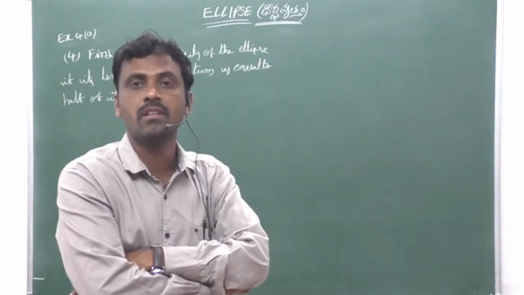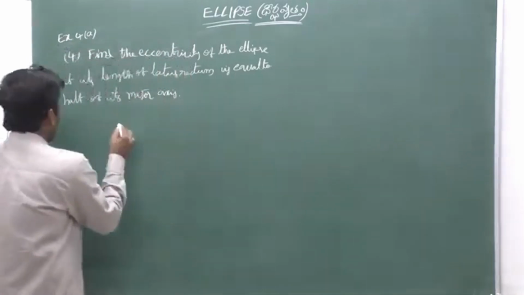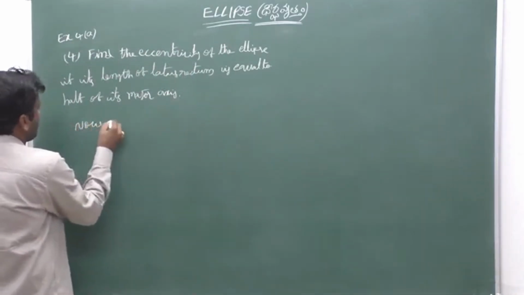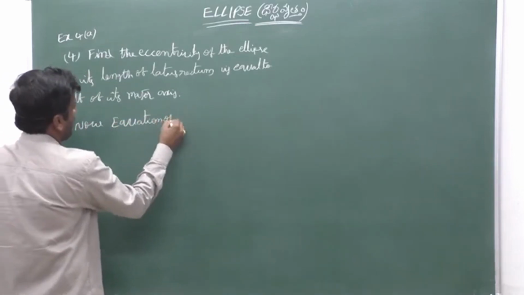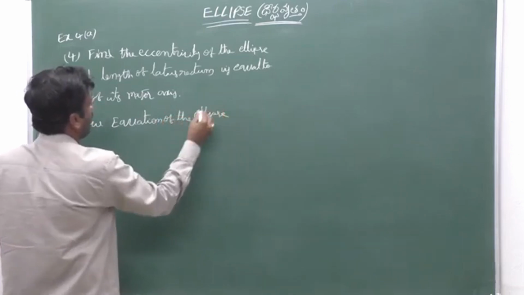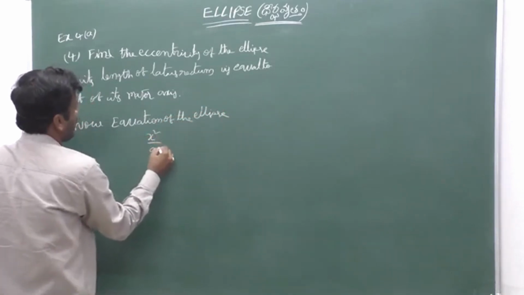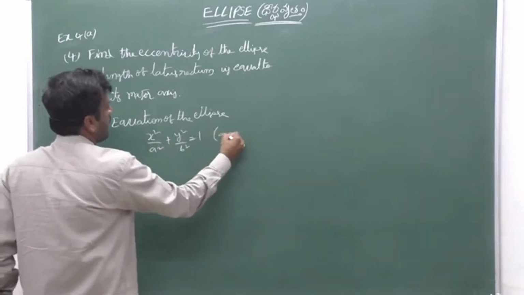Now, the equation of the ellipse in standard form is x square by a square plus y square by b square equal to 1, whereas a greater than b.